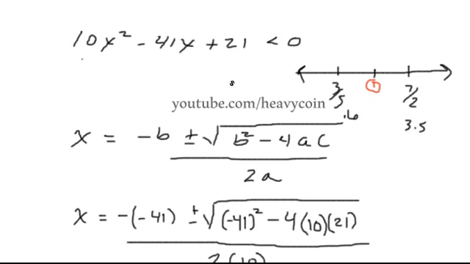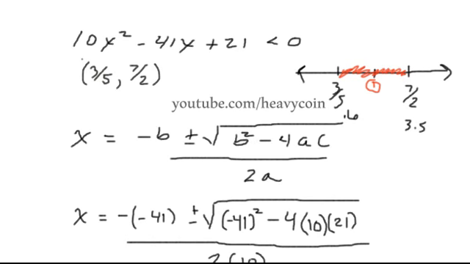Alright, so remember our graph was below the x-axis between 3/5 and 7 halves. So that means it's all this stuff right here. Okay? And we just write our interval. We don't include 3 halves. And we don't include 7 halves. Did I say 3 halves? Is that right?